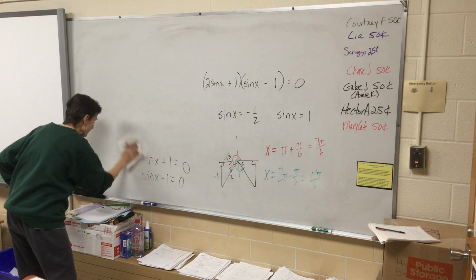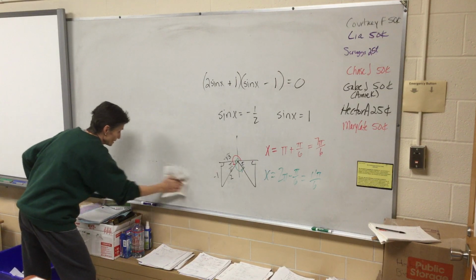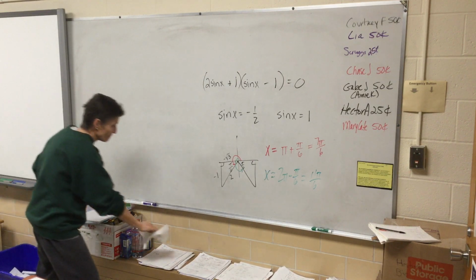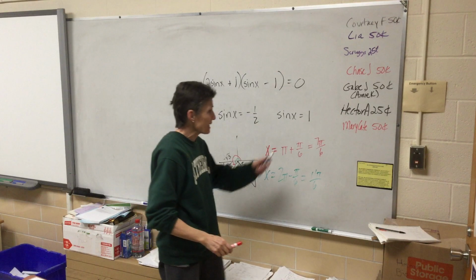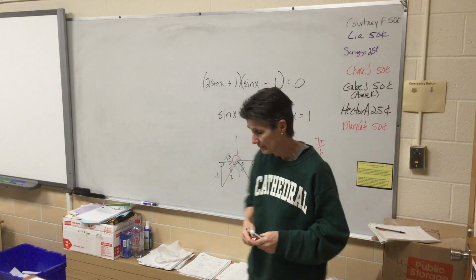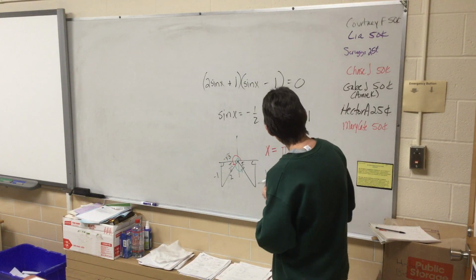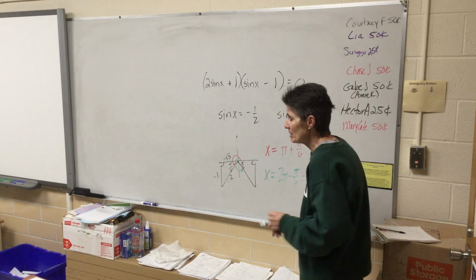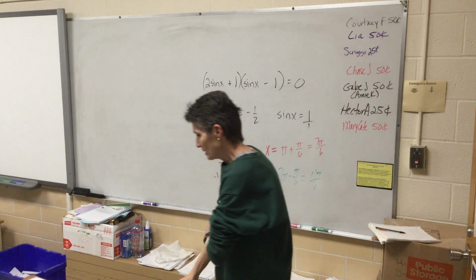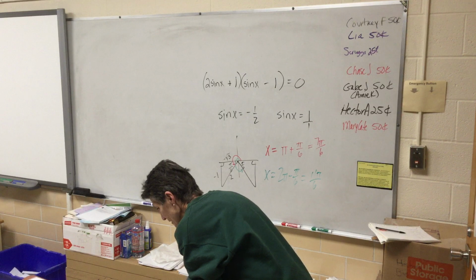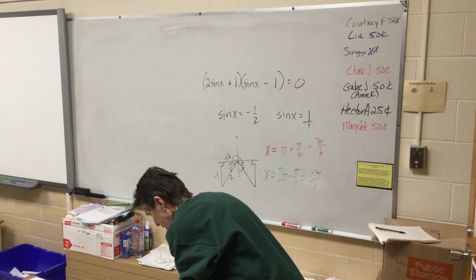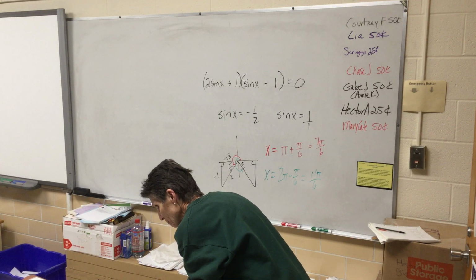Now, keep in mind what Jacob said a minute ago about sine. He said it's y over r. If y over r is 1 over 1, then wouldn't that mean y and r are the same?